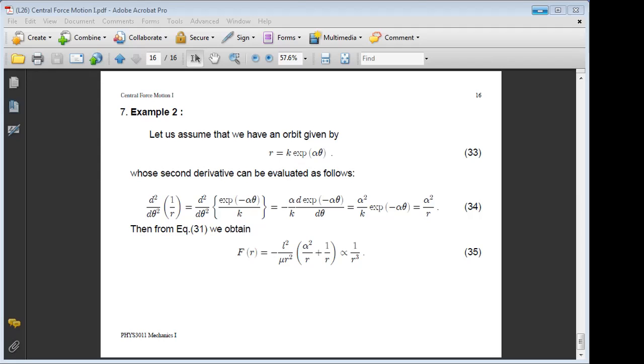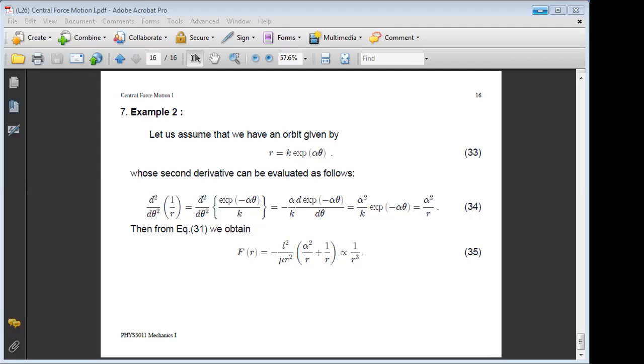Now, if we have two non-interacting particles moving toward each other with velocities v1 and v2, their paths are offset by distance b. Let us investigate the equivalent one-body description of the particles. So the relative velocity is equal to v naught.